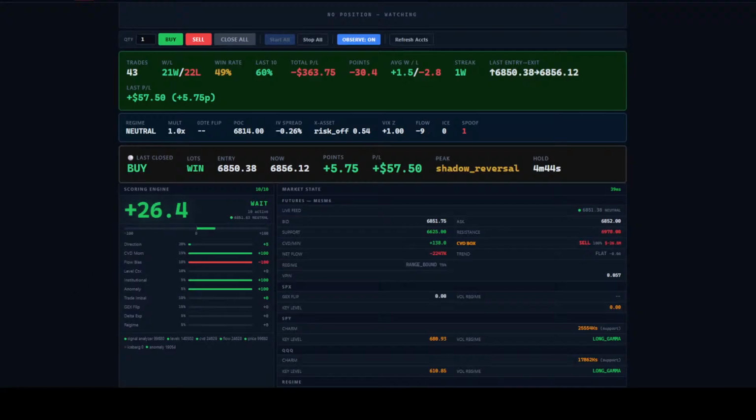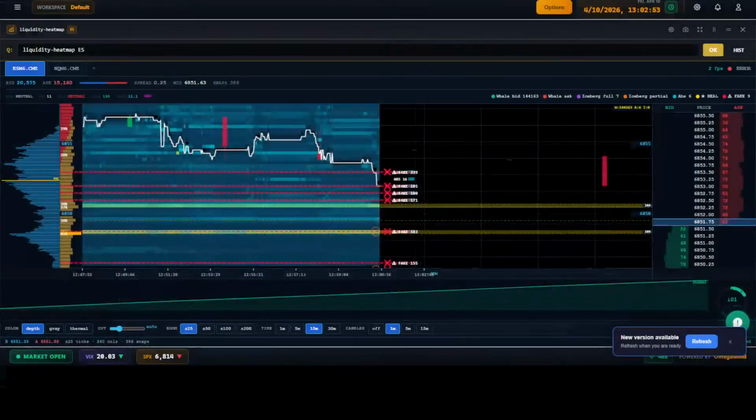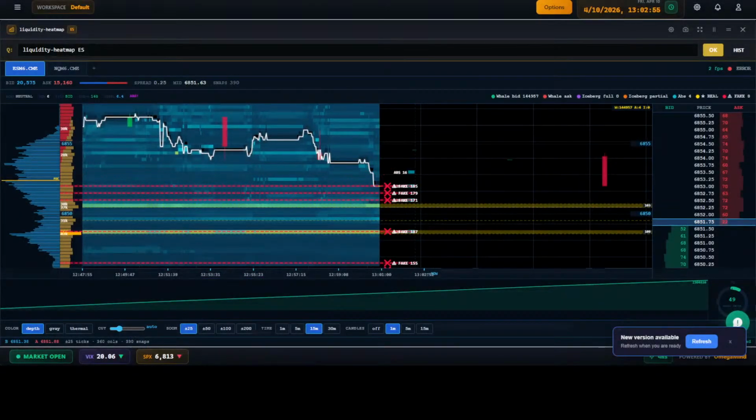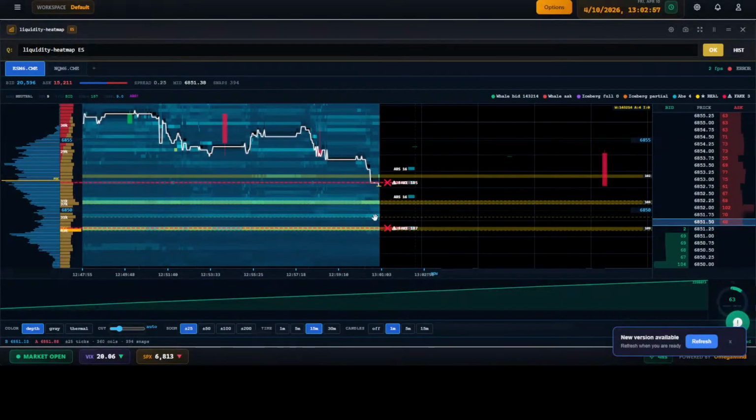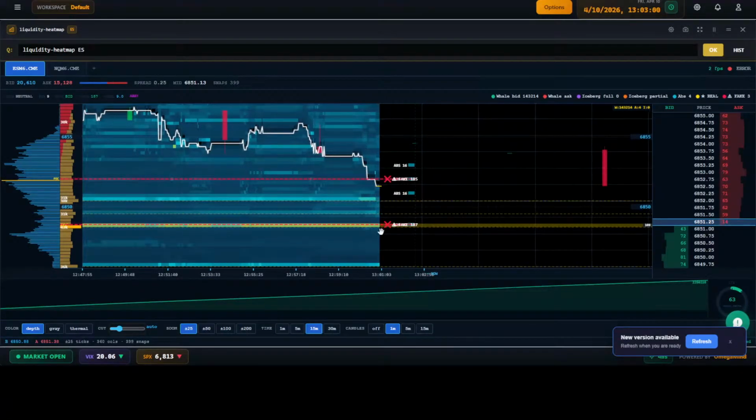Now let's go to see the liquidity, because you want to see where the price is going up. Take a look at this.